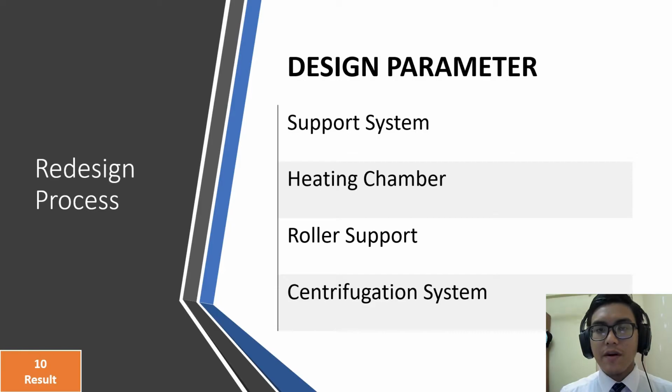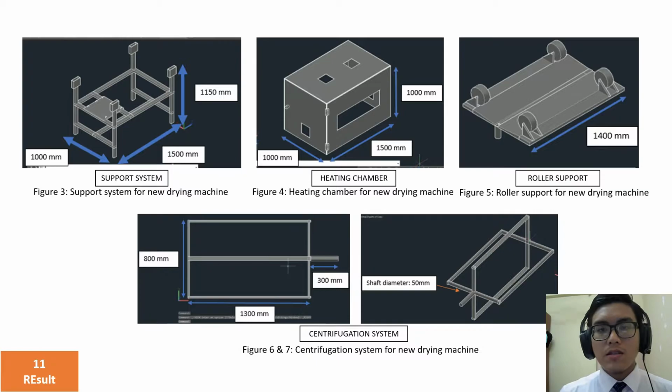There are 4 design parameters that need to be considered for the redesigning process. The parameters are support system, heating chamber, roller support, and centrifugation system. Support system is used to have better stability.